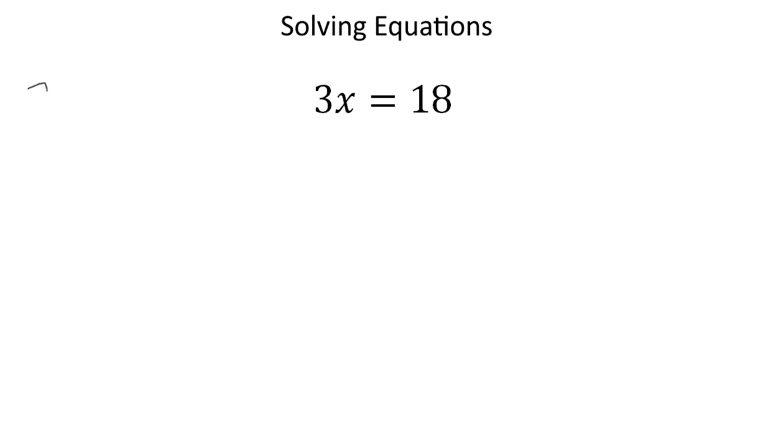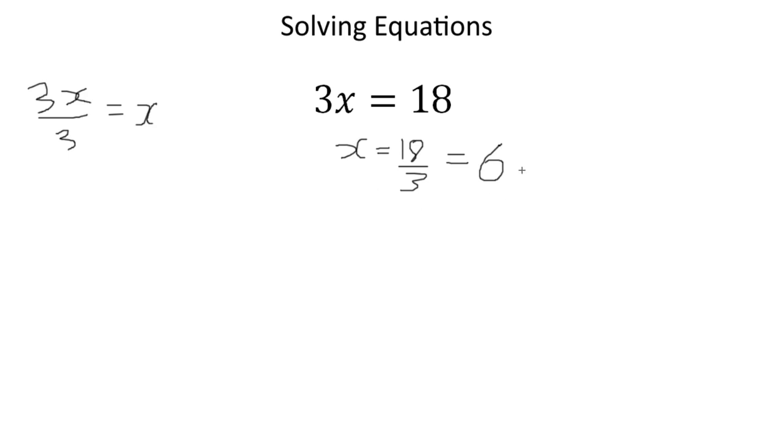So remember, we already said 3x divided by 3 is just equal to x, because 3 divided by 3 is 1, so we're just left with x. So in this case, we'll just get x, and 18 divided by 3, and 18 over 3 is equal to 6, so x is equal to 6.